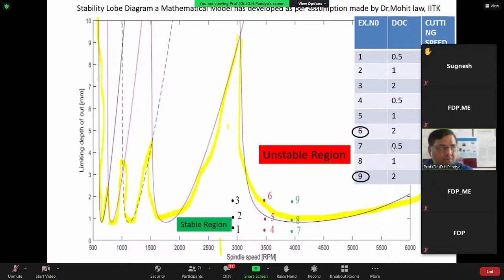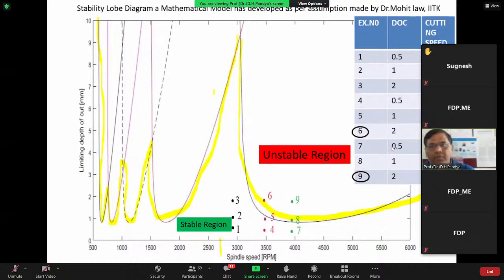It means there is more MRR and a higher rate of production. So if someone would like to increase the rate of production, a production engineer has to select the appropriate range of spindle speed and depth of cut, right? That is the conclusion or outcome of this idea.